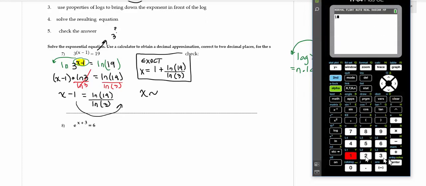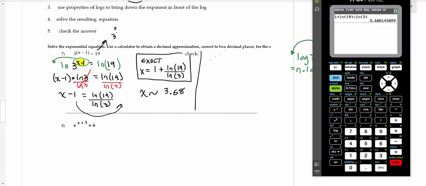I get 1 plus ln of 19, divided by ln of 3, and we'll round that off to 2 decimals, which I think is what the directions say. So that would be about 3.68. That's your approximate answer. That's how you typically solve an exponential equation.